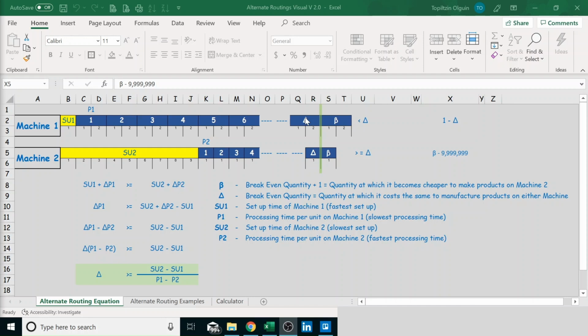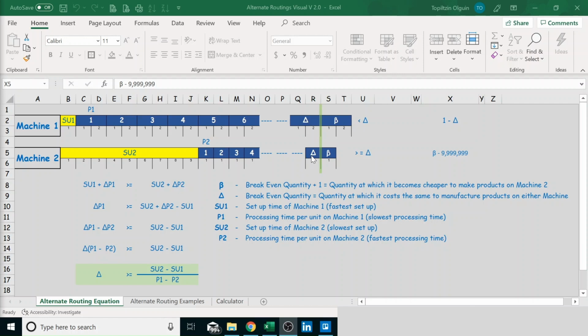In other words, the quantity at which producing delta amount of products is going to cost us the same, as far as manpower or money that goes into our manpower, to build on machine one or on machine two. It doesn't matter. Either one is going to give us the same cost.